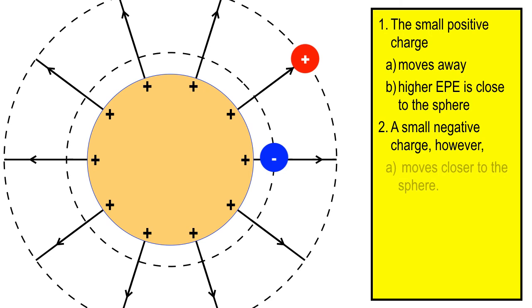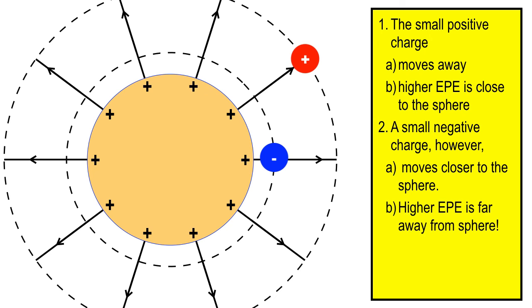So that means that the higher EPE is far away from the sphere if you're an electron. So this outer dashed line is high EPE for the electron, and the inner dashed line is lower EPE for the electron.